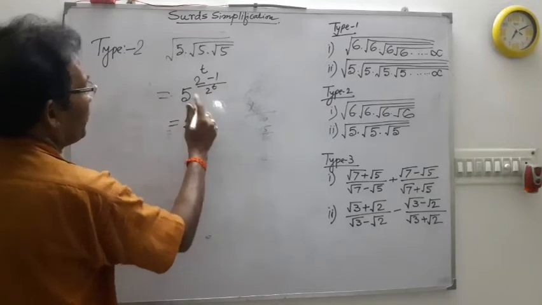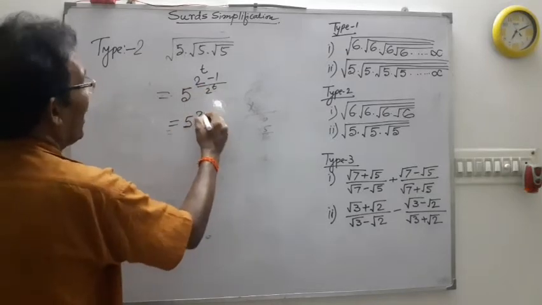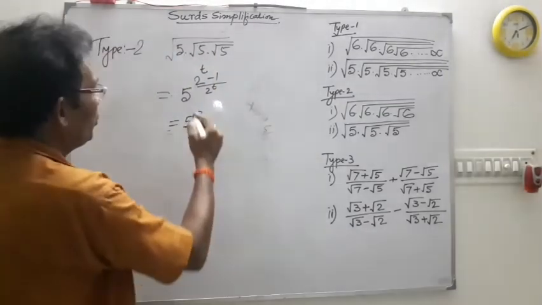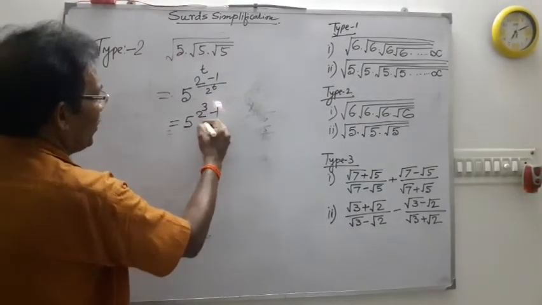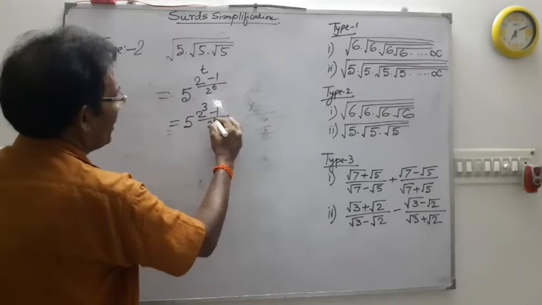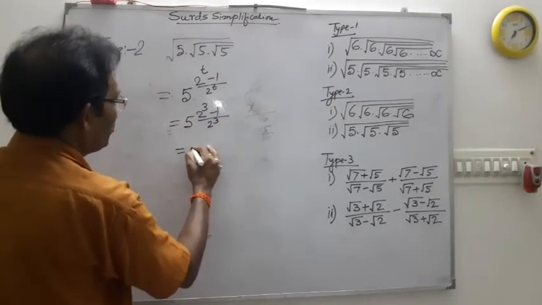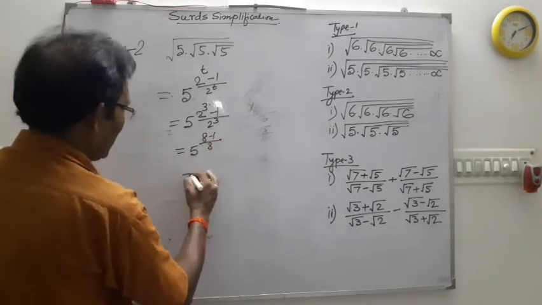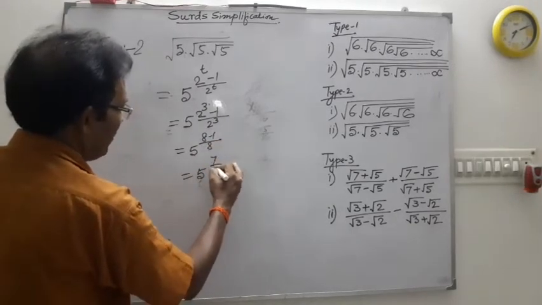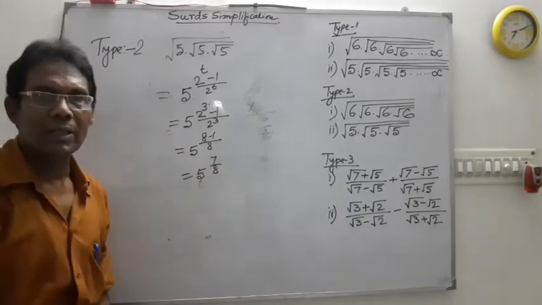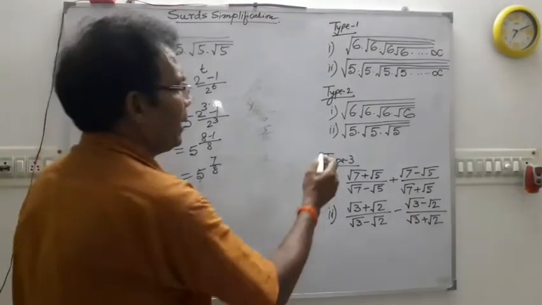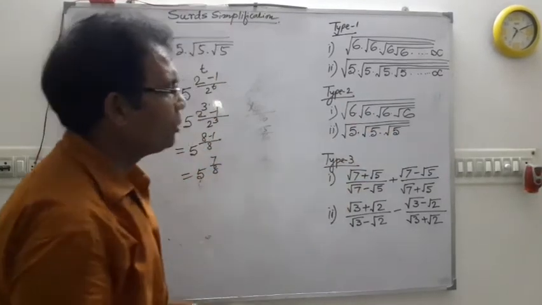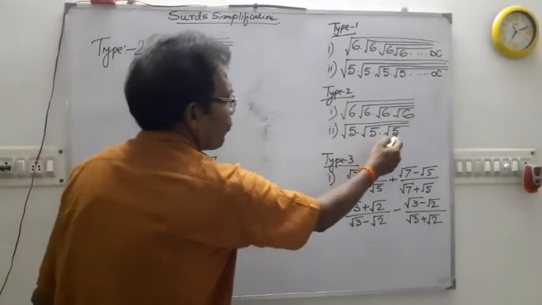How many times? 1, 2, 3. 3 times root. So here 2 to the power 3 minus 1 divided by 2 to the power 3, so 5 to the power 8 minus 1 by 8, that is 5 to the power 7 by 8. This is the tricky method to calculate the value of root 5 under root 5 under root 5. So this is the 3 times of root.